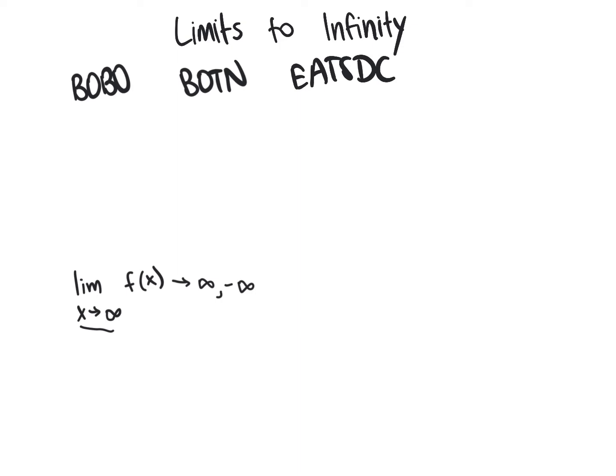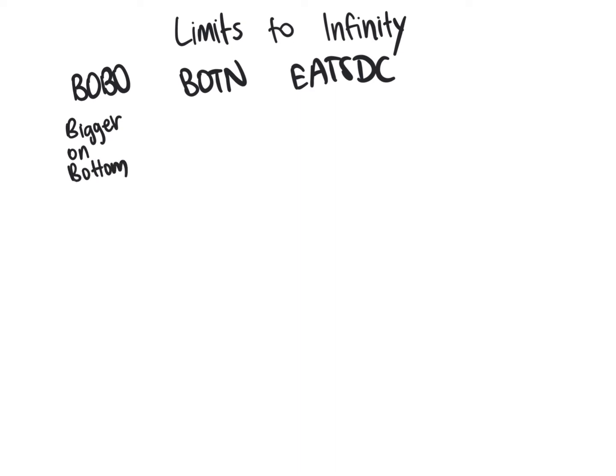So now what exactly do BOBO, BOTN, and EATS mean? Now, unlike a typical limit question, where we'll easily be able to plug it in or just factor it down or maybe take the derivative, in limits to infinity, you sometimes have to incorporate these rules that will help you simplify it a bit. So BOBO just means bigger on bottom, 0.